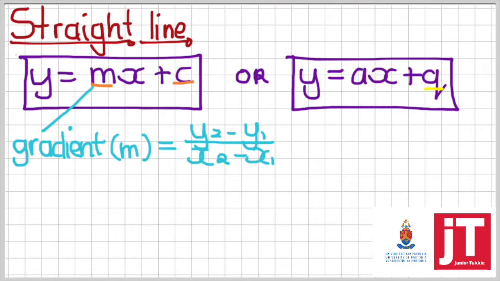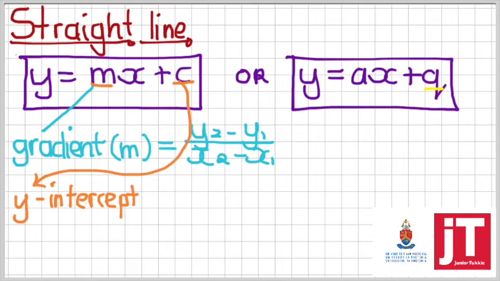Your c value, which is just a constant, represents your y-intercept. Again, that y-intercept can be represented or explained as a vertical shift of your straight line.